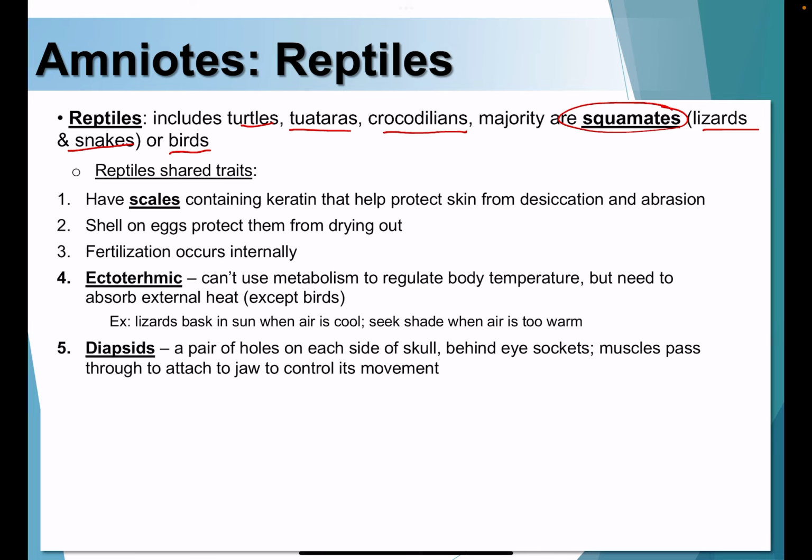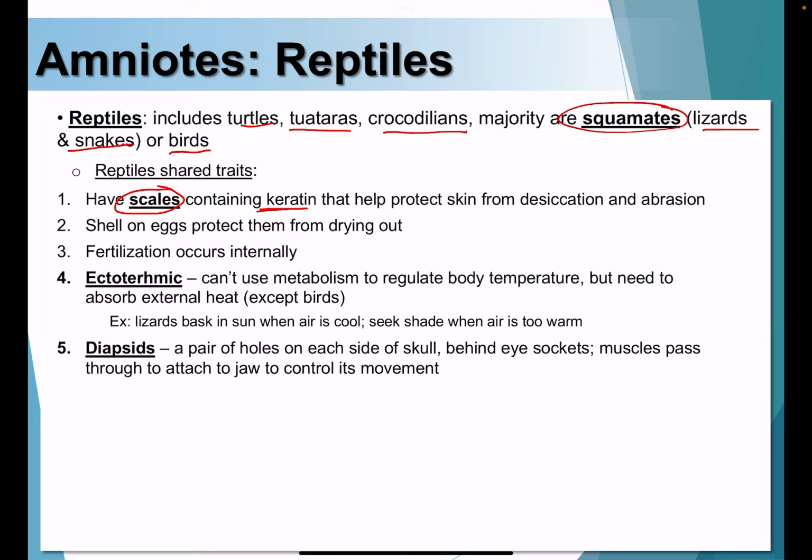Reptiles share traits, just as we have discussed, as we get more and more specific in our phylogeny. All reptiles have scales, which are made up of proteins called keratin, just like what I said about keratin protecting our human skin surfaces and hair strands.